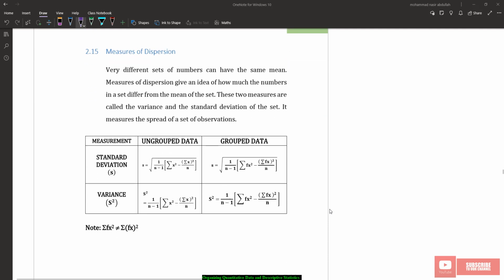Now, let's look at the formula for standard deviation and variance, right? So, why do we need standard deviation? Let's say I have data that I collect from a playground, for example. Let's say I have n1 equal to 10. The second playground is n2 also equal to 10. I measure the children's age at the playground.